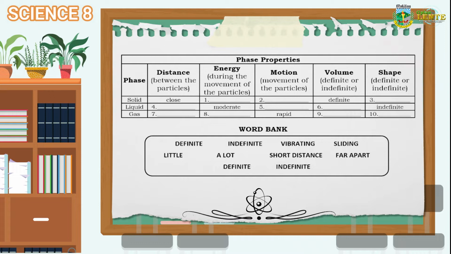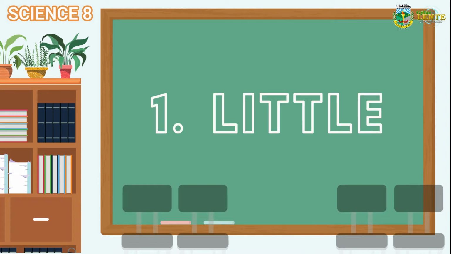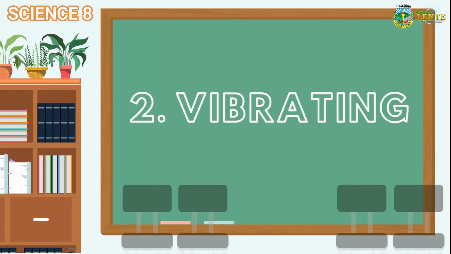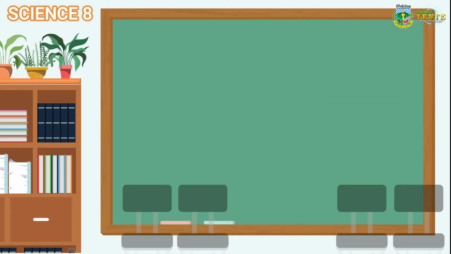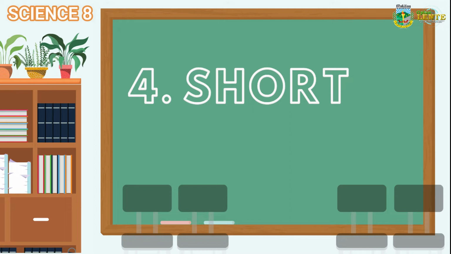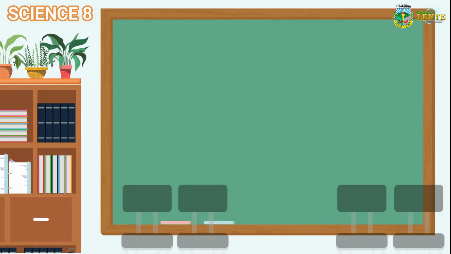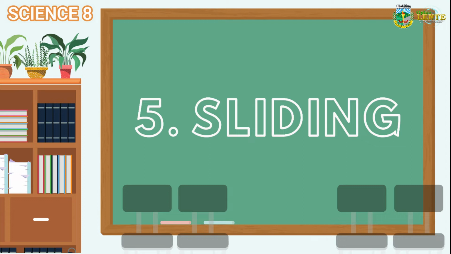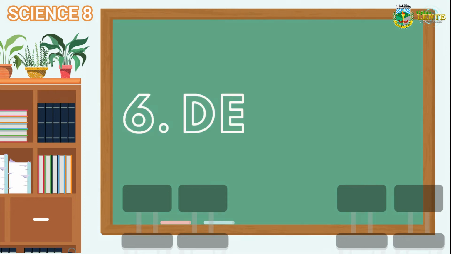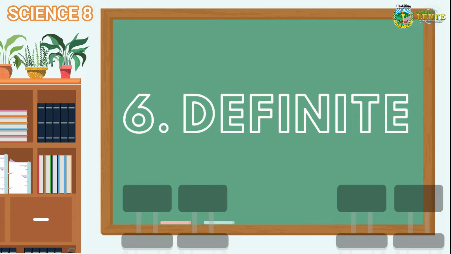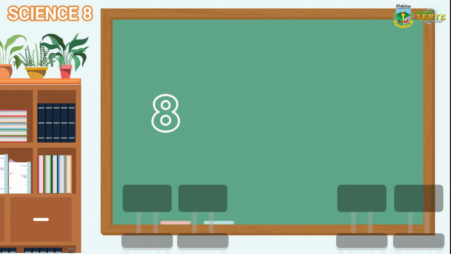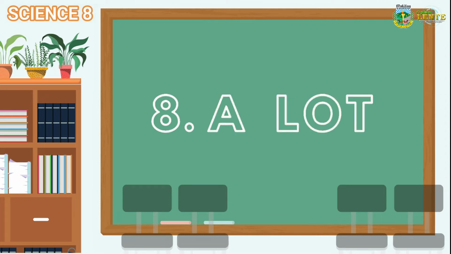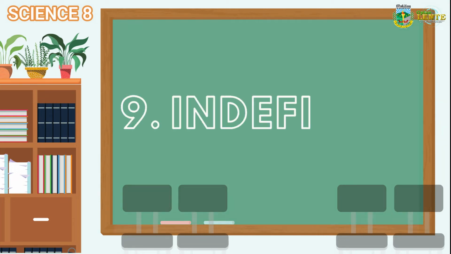Let us reveal our answers. Number 1, little. Number 2, vibrating. 3, definite. 4, short distance. 5, sliding. 6, definite. 7, far apart. 8, a lot. 9, indefinite.